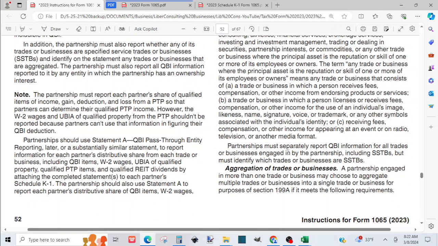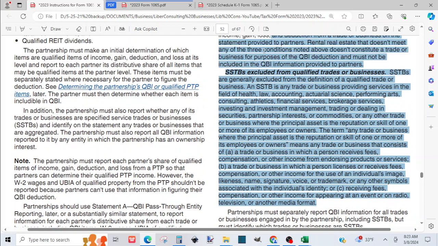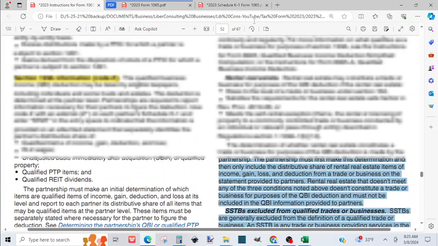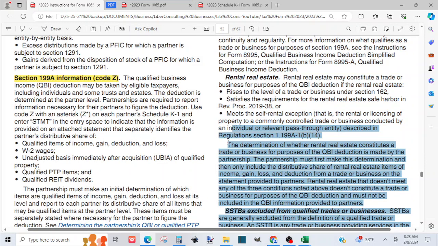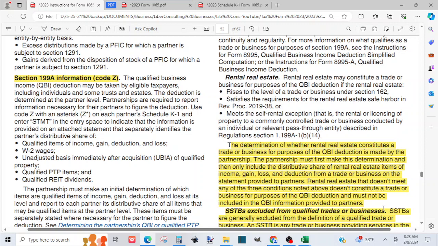It's very important to understand, because the QBI information is for the partners to be able to see if there is a credit or deduction that they can claim on their 1040. So it's good to understand that, and pretty much the information that will go on the QBI is those.